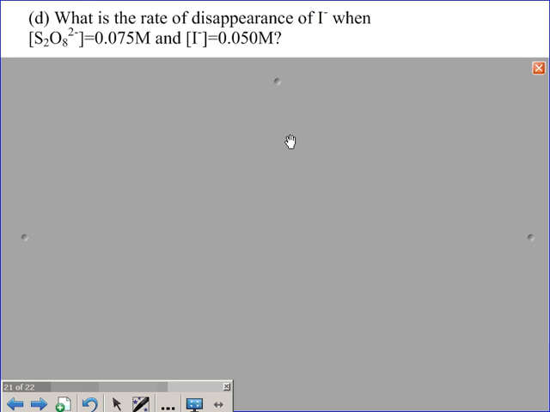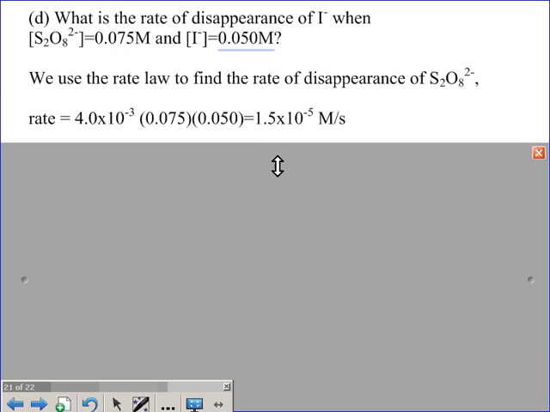So then using that information, we find out what's the rate of disappearance of the iodide when the peroxydisulfate starts off with 0.075 molar concentration, and the iodide starts off with 0.050 molar concentration. Well, we use our rate law. If I substitute in my concentrations, they're both first order, so there's no exponents that I need to show.